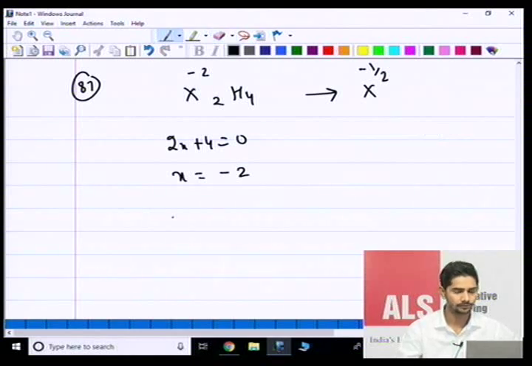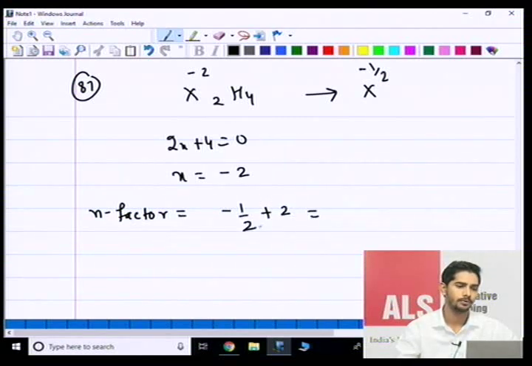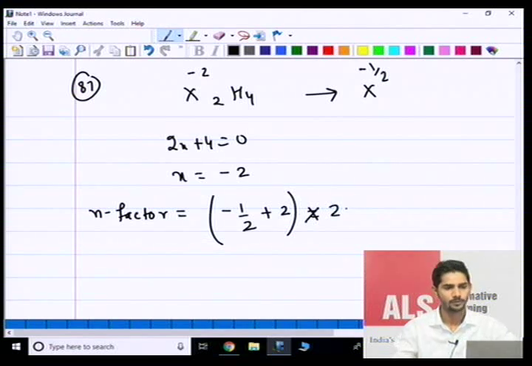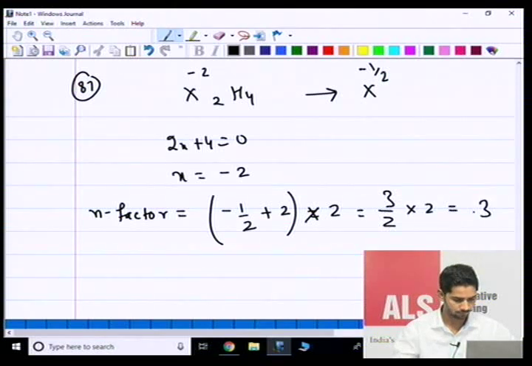If I calculate the n factor: minus 1/2 plus 2, two 2s are 4, 3/2 into 2, 3.